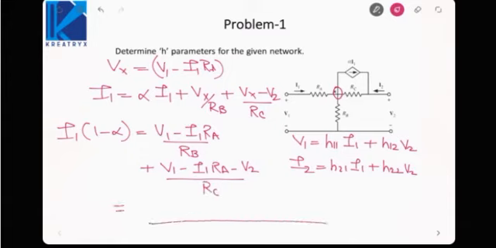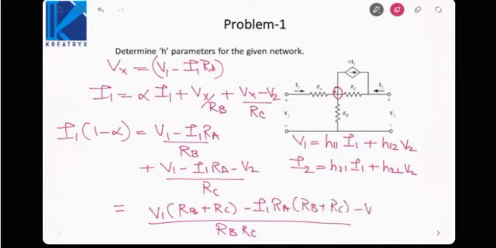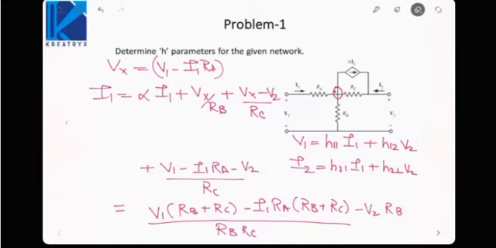The LCM will be Rb Rc. What is the coefficient of V1? Rb plus Rc. What about I1 Ra? Again Rb plus Rc. What about V2? It will be Rb. Now we will multiply Rb Rc on both the sides.